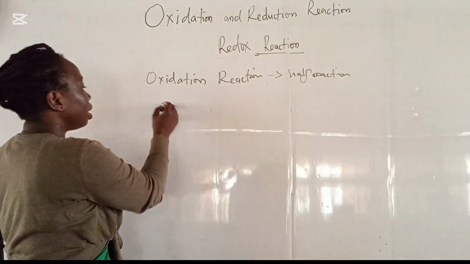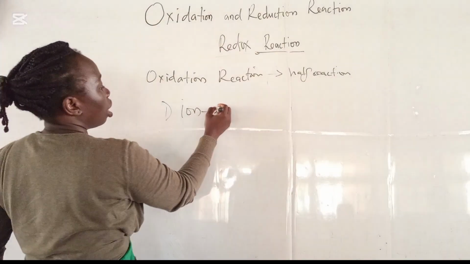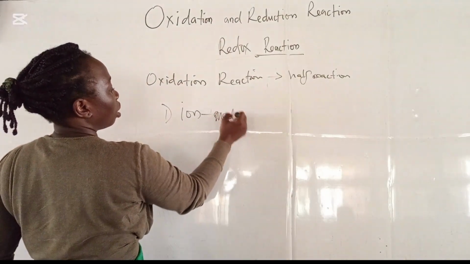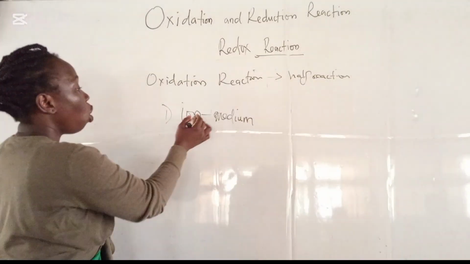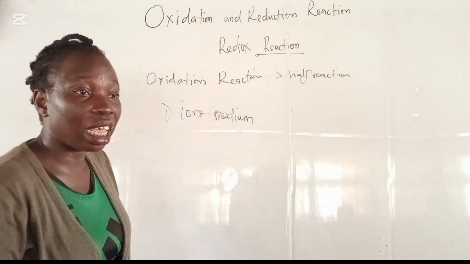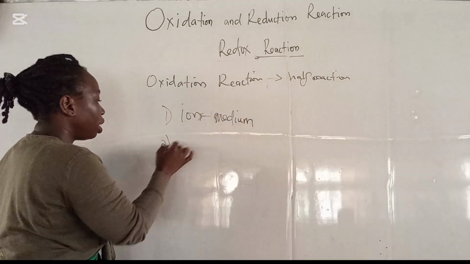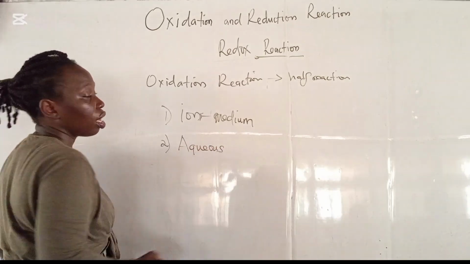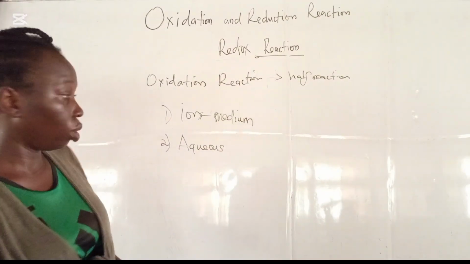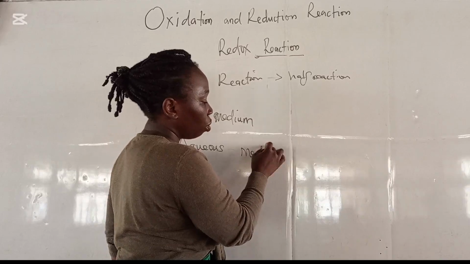There are two ways we balance this redox reaction. Number one is the ion medium process. We call it ion medium, or we say ion exchange reaction. And number two is aqueous medium reaction.